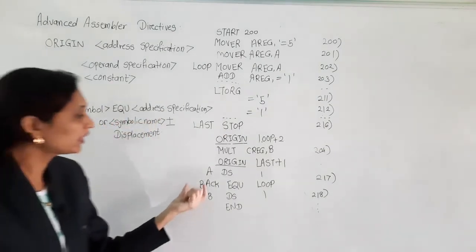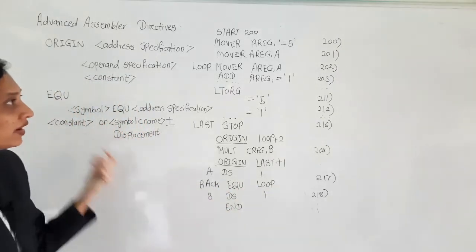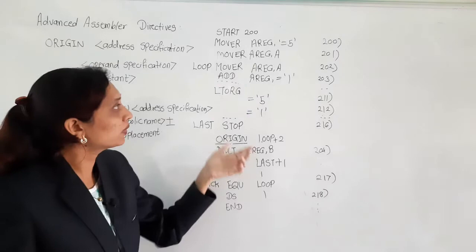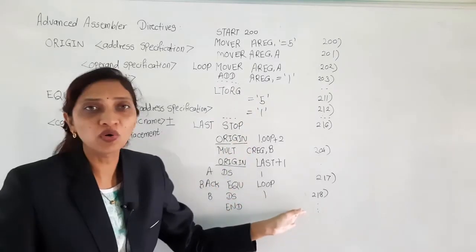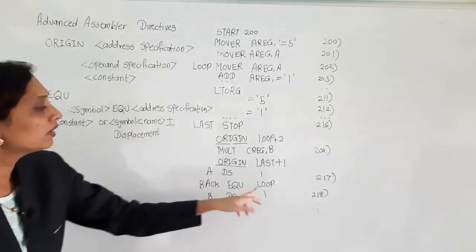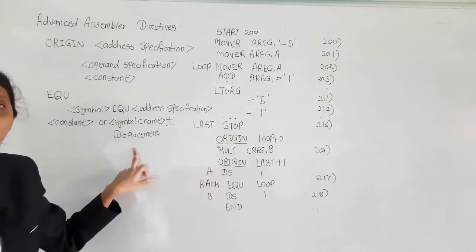Constant: you can simply write back EQU 202, meaning a constant. Otherwise, suppose we have to give back the address 204, then we can write loop plus 2, meaning a symbolic name plus or minus displacement.